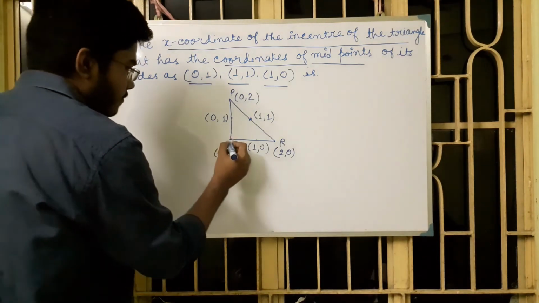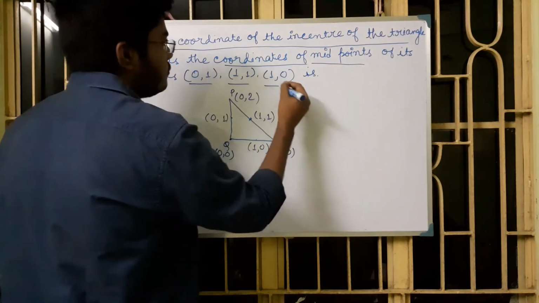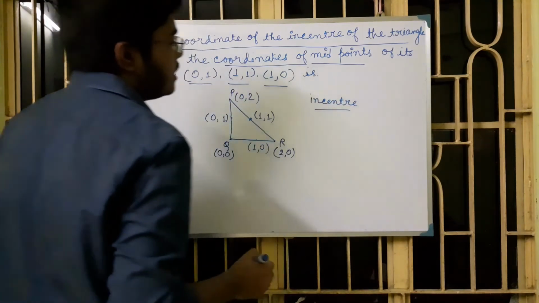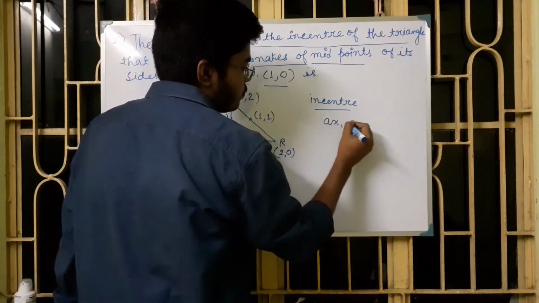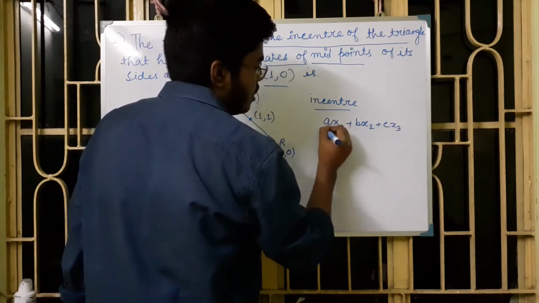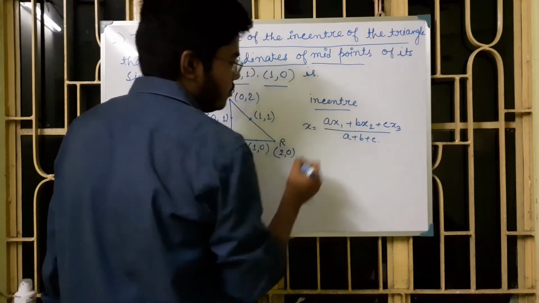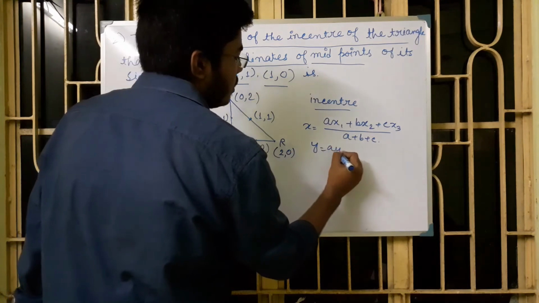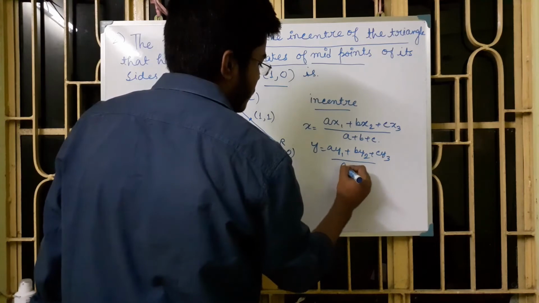So if this is point Q, and we have to find the incenter. What is the formula of the incenter? We have already learned the formula of the incenter: the x coordinate equals ax1 plus bx2 plus cx3 upon a plus b plus c, and the y coordinate will be ay1 plus by2 plus cy3 upon a plus b plus c.